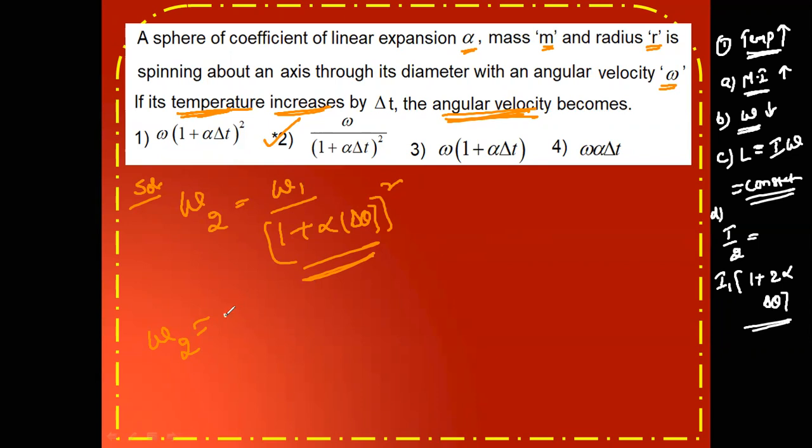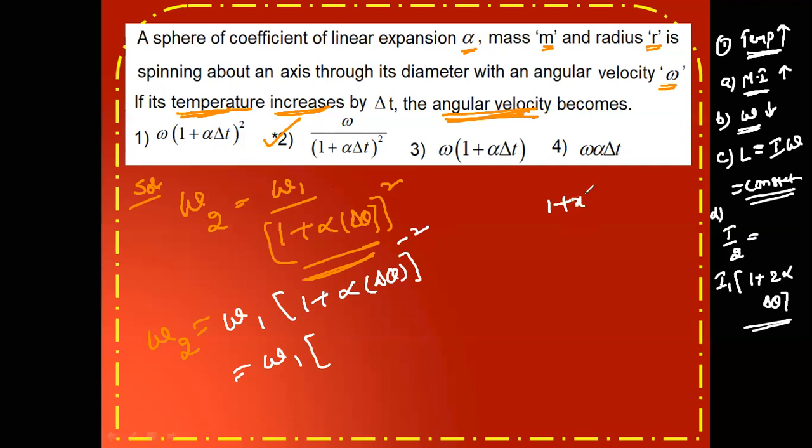So that is nothing but omega 1 into (1 plus alpha into delta theta) whole power minus 2. I already said to you earlier also, approximate formula means (1 plus x) whole power n is equal to 1 plus n into x.